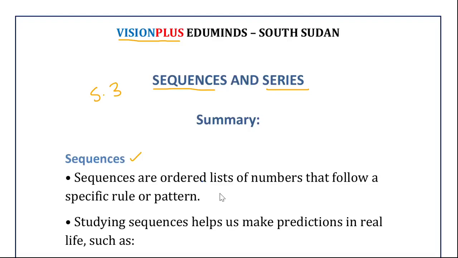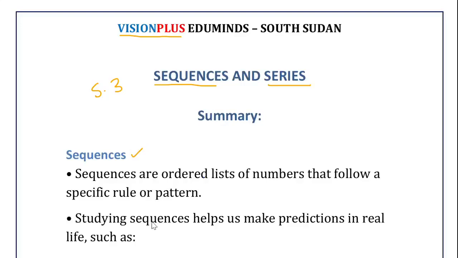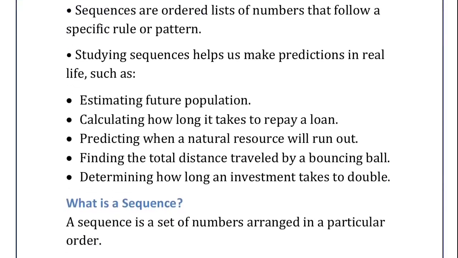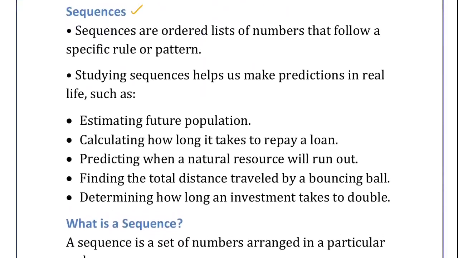Therefore, why is it important for us to study sequences? Studying sequences helps us make predictions in real life, such as estimating future population. They can also be used in calculating how long it takes to repay a bank loan.